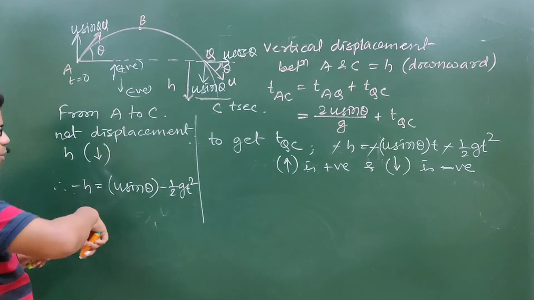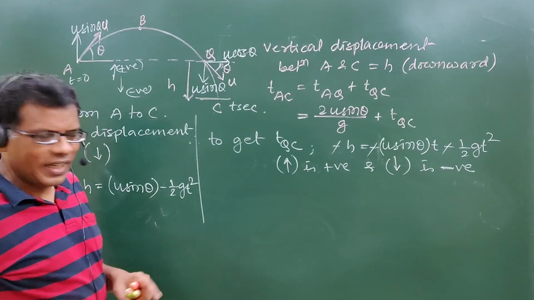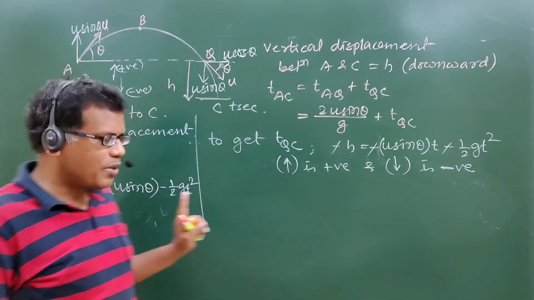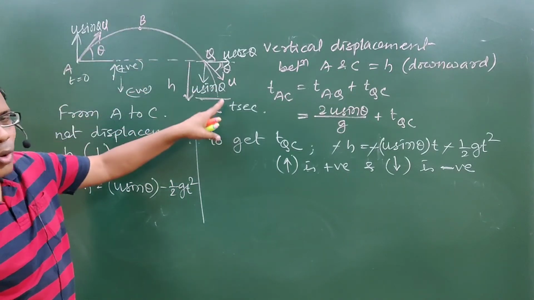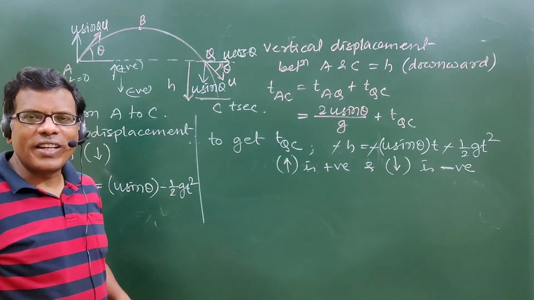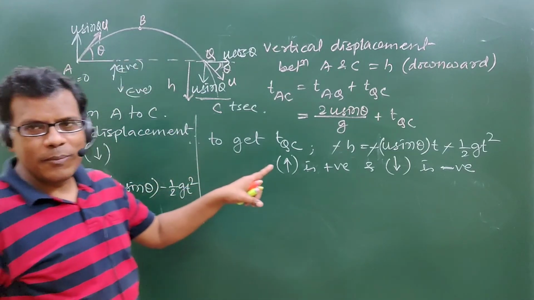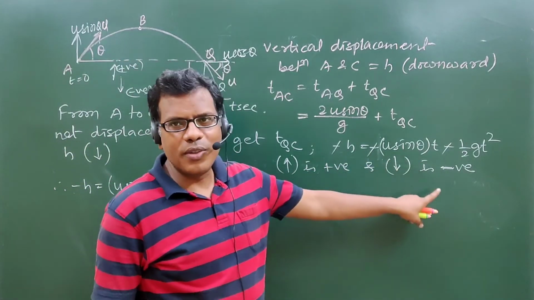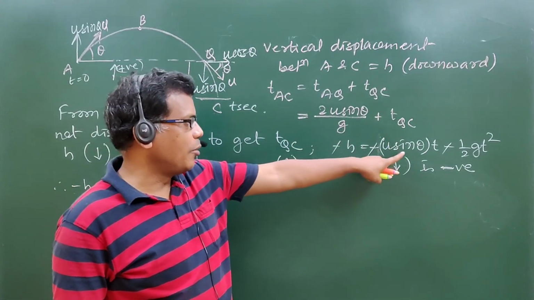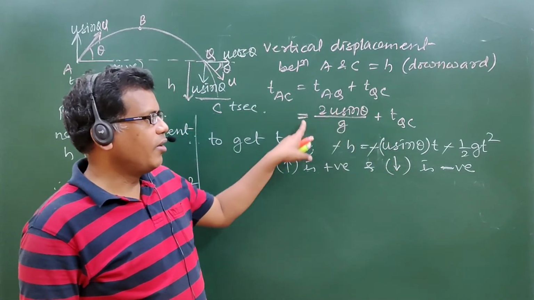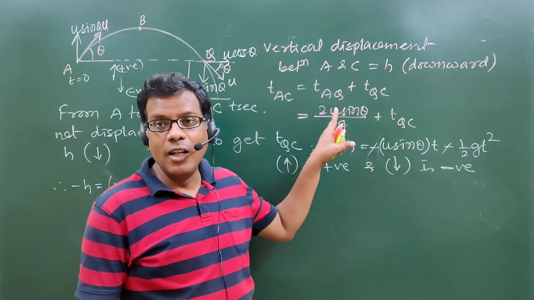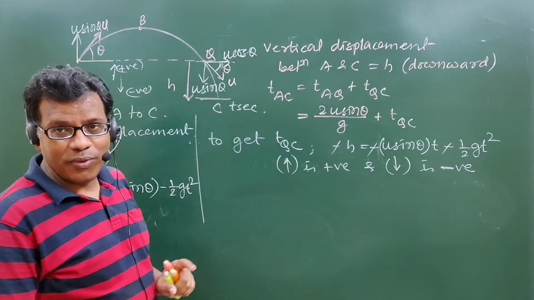If you take downward positive, then upward has to be taken negative. So different sign options you are getting once you are using the total path to find out the time of flight. From this you will get the t directly for a to c, and in this part the value of t you will get, that will be only TQC, and that calculated value has to be added with 2u sin theta to get the overall time of flight.